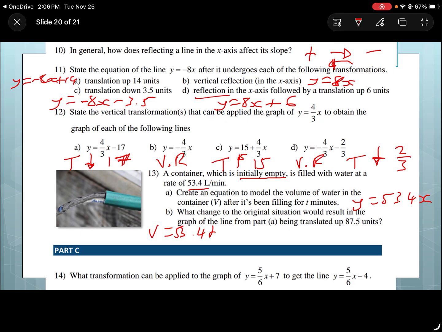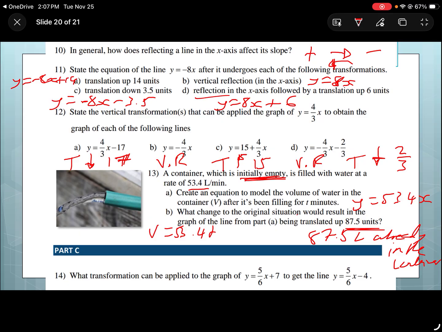What change to the original situation would result in the graph of the line from part A being translated up 87.5 units? It said it was initially empty, and now it's translated 87.5 units up. So that means it had 87.5 litres already in the container.